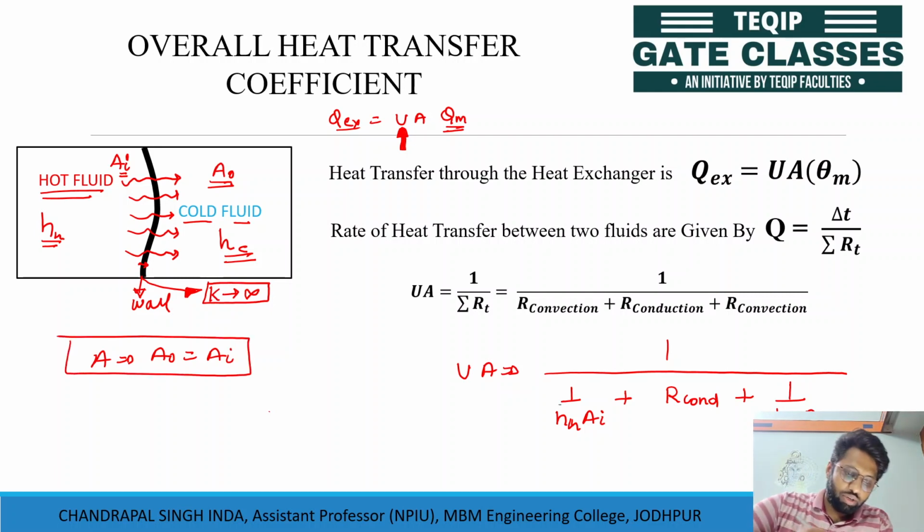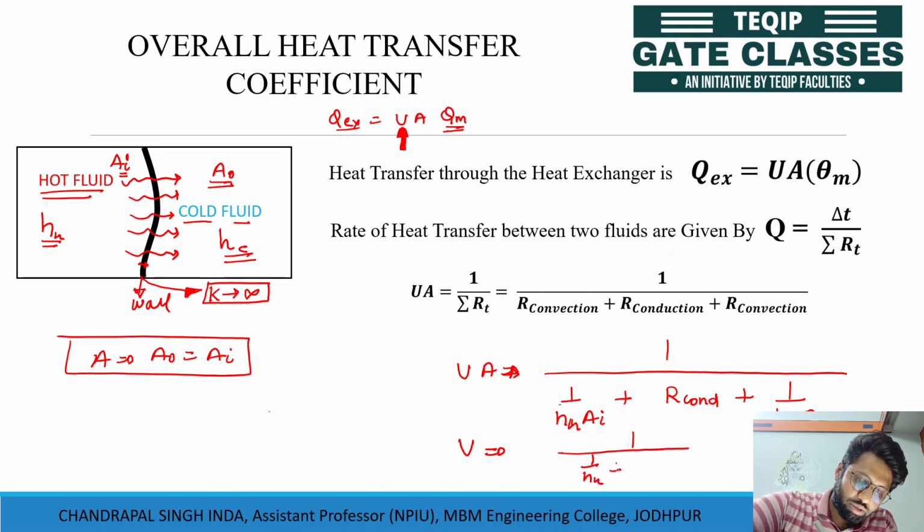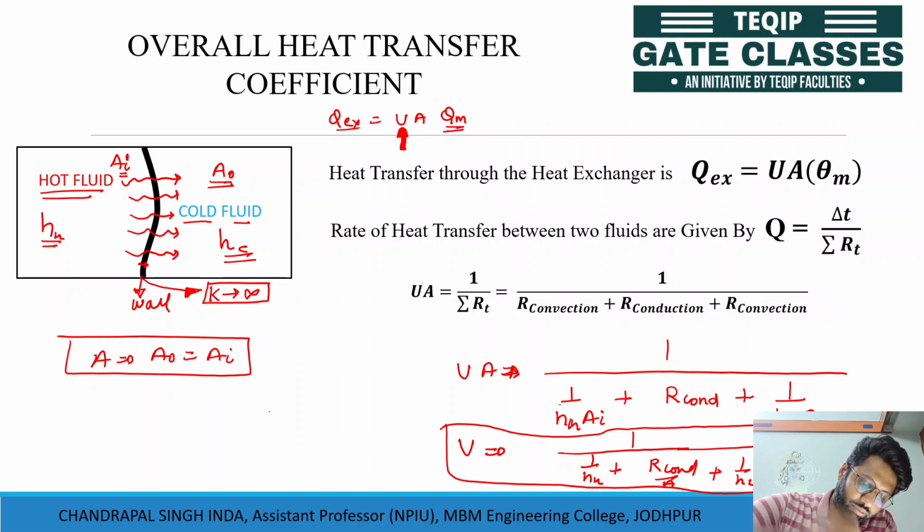In that case the overall heat transfer coefficient will be equal to 1 upon 1 upon hh plus R conduction times A plus 1 by hc. So this is how we are going to calculate the value of the overall heat transfer coefficient.